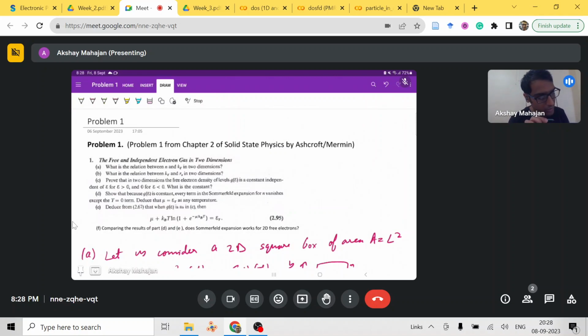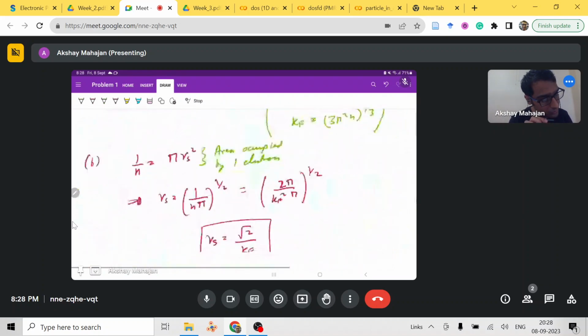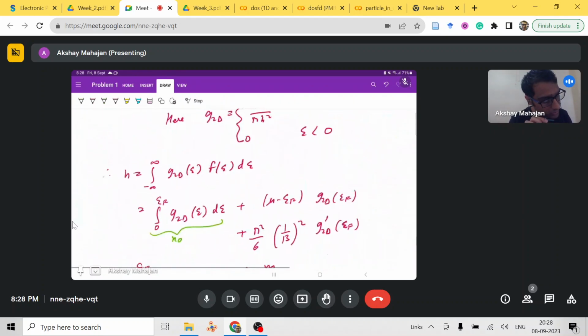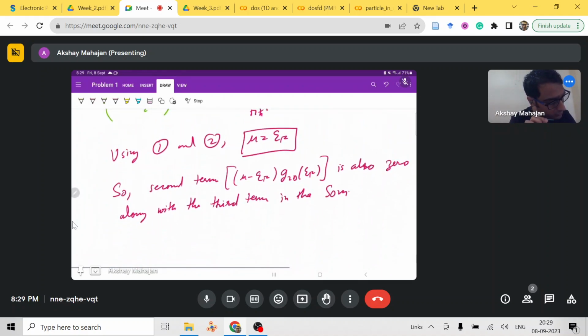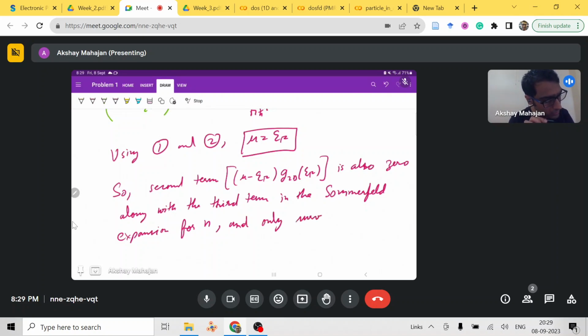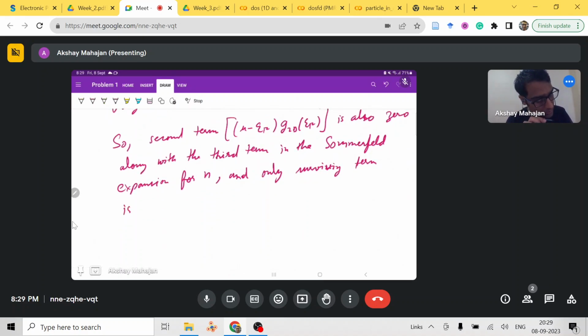So we have to show that every term in the Sommerfeld expansion for n vanishes except the t equals to 0 term in the Sommerfeld expansion for n. And the only surviving term is for t equals to 0 Kelvin, which is n naught.